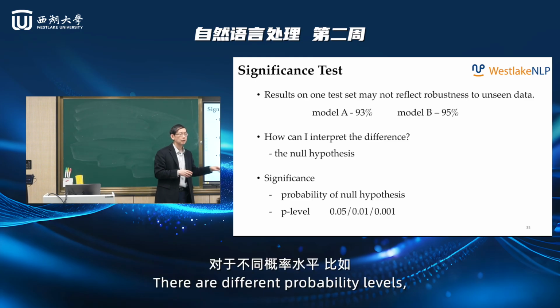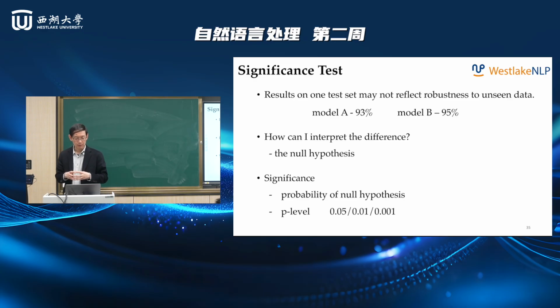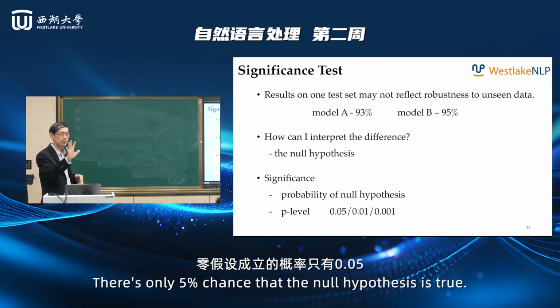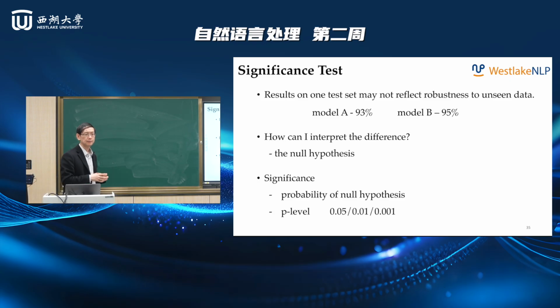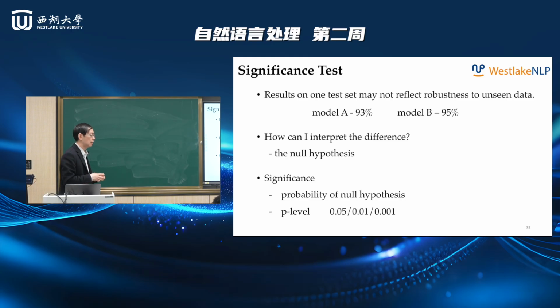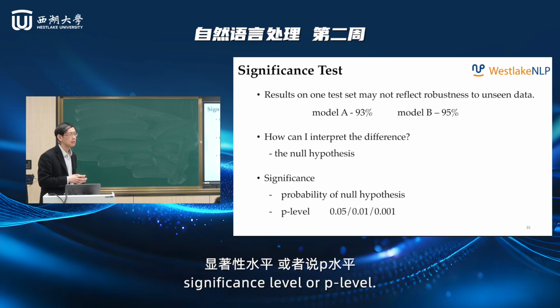There are different probability levels. For example, one level could be 0.05. There's only a 5% chance that the null hypothesis is true. Or another level is 0.01 or even 0.001. We call this the significance level or p level.